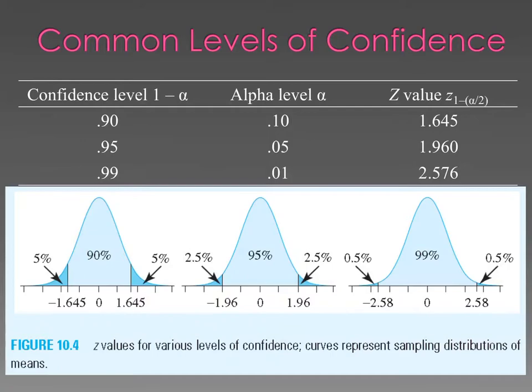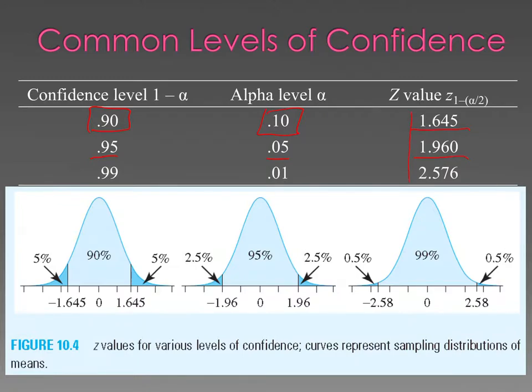So moving on to common levels of confidence. Once again, if you have a confidence level of 0.9, your alpha level is 0.10, and it has a z value of 1.645. 95% confidence, 5% alpha level, 1.96, so on and so forth. Just a visual representation of it.